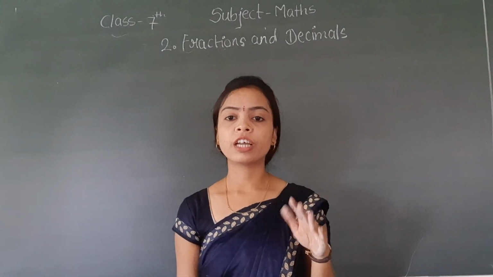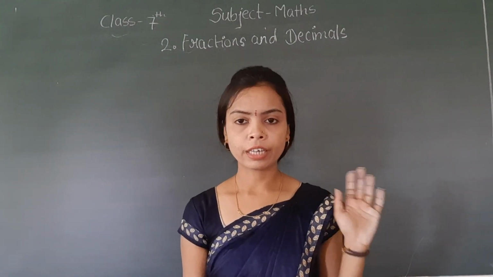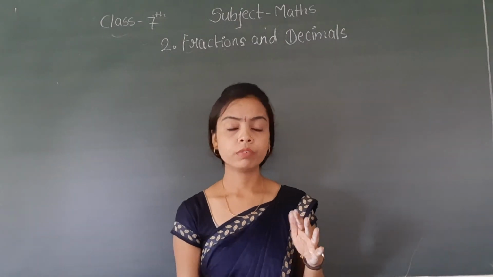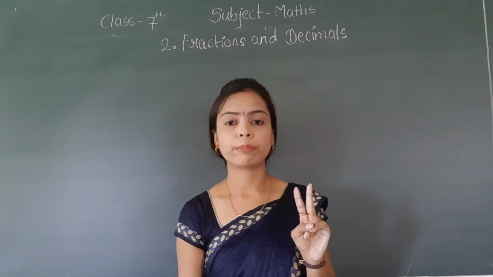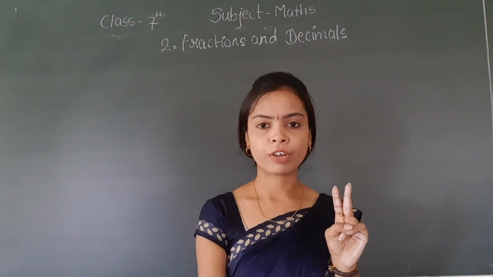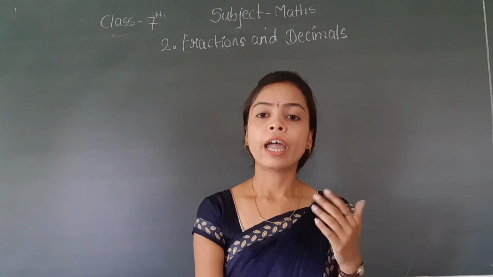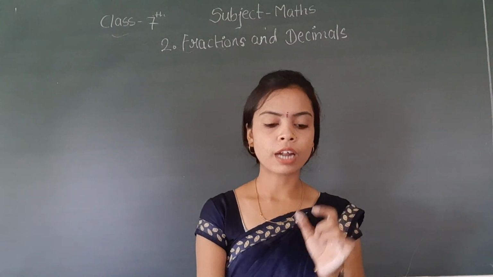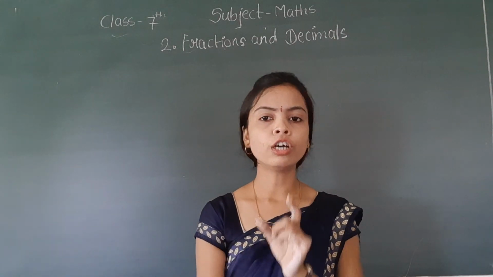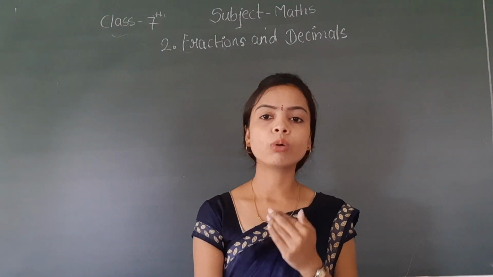After that we studied the 10 types of fractions. After that, addition of fractions, in which there are 2 types: like fractions and unlike fractions addition. If there is an addition of like fractions, then you can add them directly. That means write the denominator one time and add the numerators, and then find the answer.